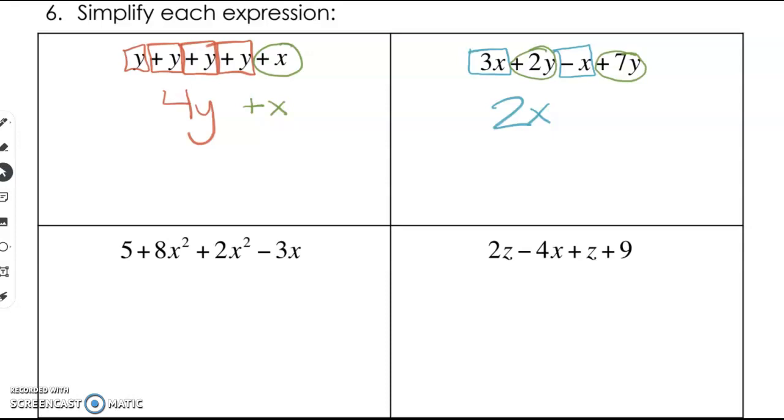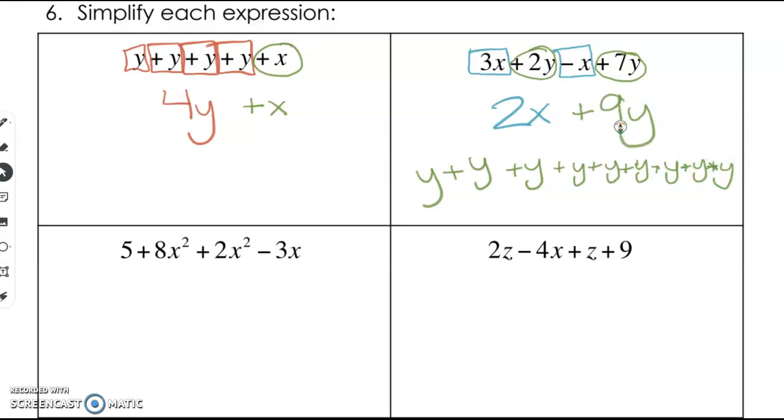So if I wrote that out, I have 2 y's, 1, 2, and then I have 7 y's, 1, 2, 3, 4, 5, 6, 7. So I'm going to count my y's. 1, 2, 3, 4, 5, 6, 7, 8, 9 y's all together.